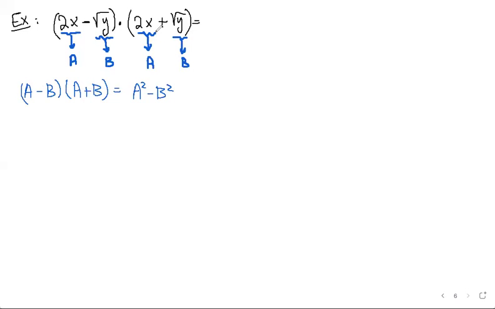So my A here is 2x. That means 2x squared minus the square root of y squared. What does that give me? 2x squared is 4x squared, right?